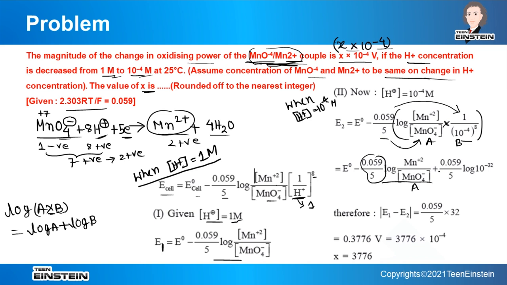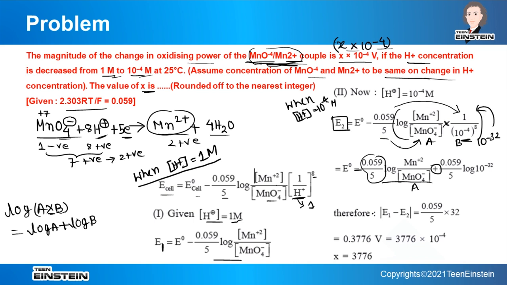Why is it plus? Because this is actually in the denominator, 10 to the power minus 32. But if you bring it in the numerator, there will be a negative sign, and this negative sign and this negative sign will cancel. So ultimately it is positive. Okay, so this is E2.